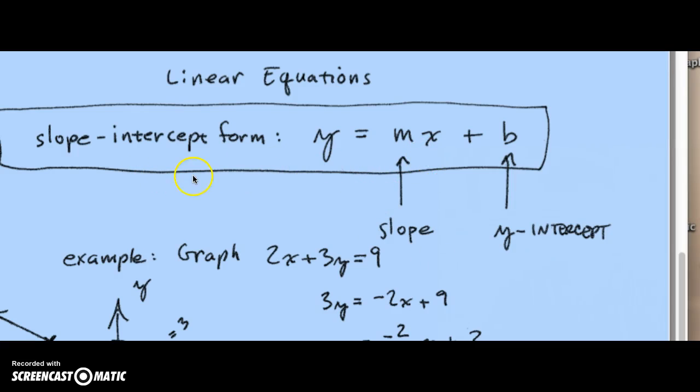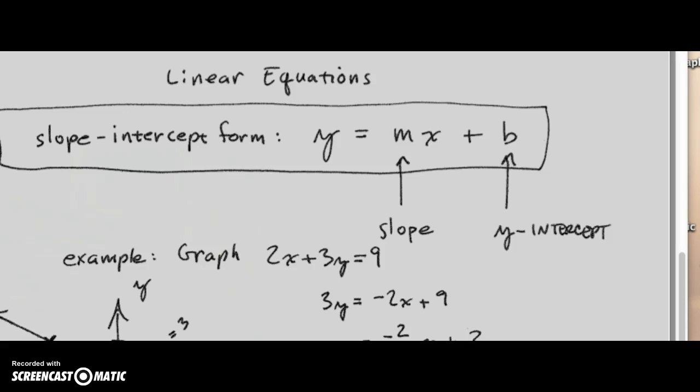Basically, if you have a linear equation that's got y isolated, and over here a number times x plus a constant value, that will be an equation of a line in slope-intercept form. The slope is the coefficient on x, which is m, and the y-intercept is the constant term, the b. Actually, the y-intercept technically is (0, b), as an ordered pair.